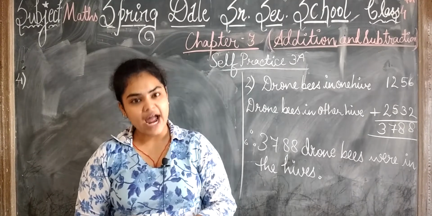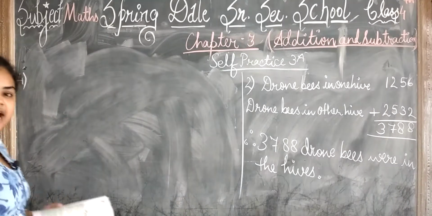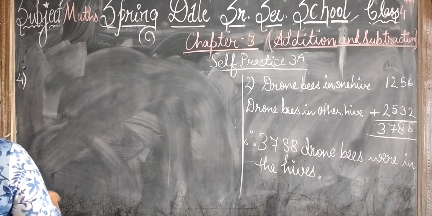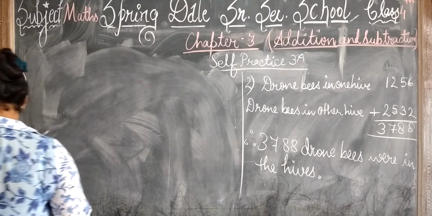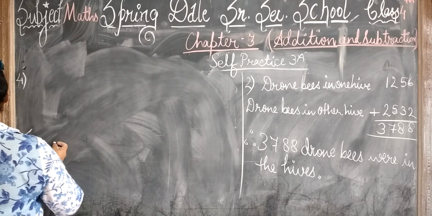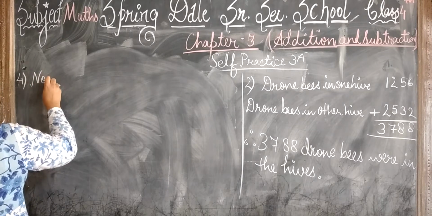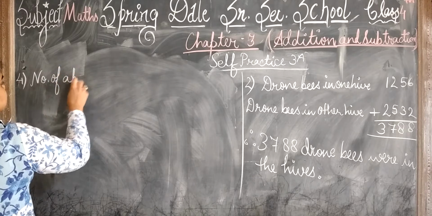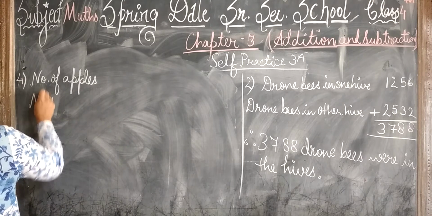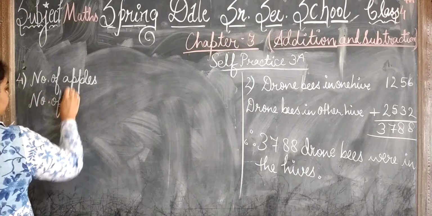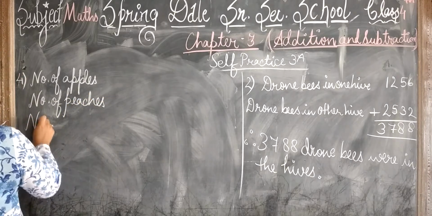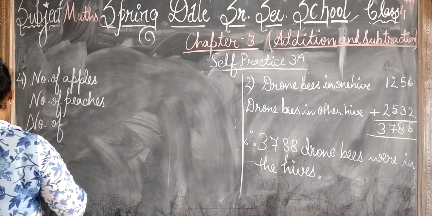We are going to add all the 3 fruits. Okay children, so that we will get the total number of fruits which he has collected from the farm. How will you write? Number of apples, then number of peaches, last you will write number of mangoes.